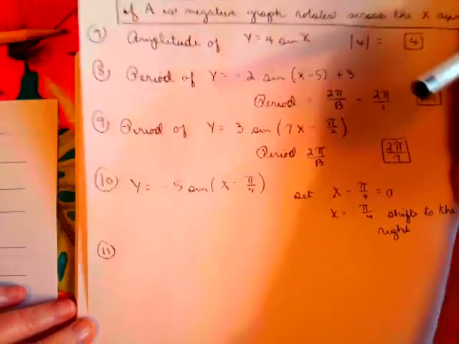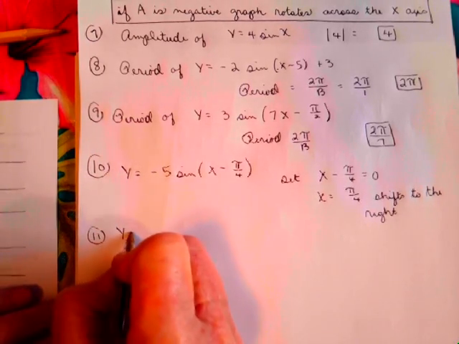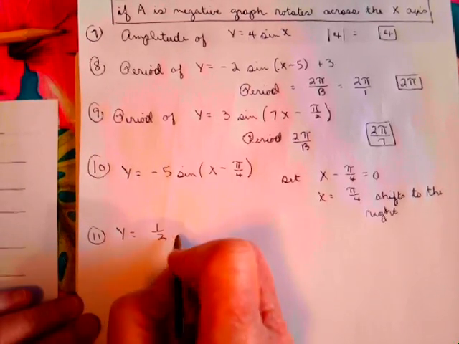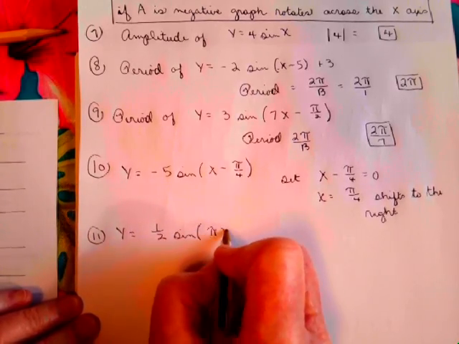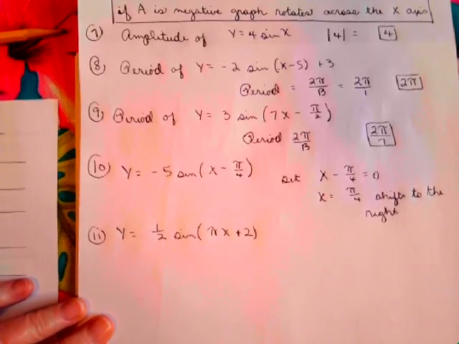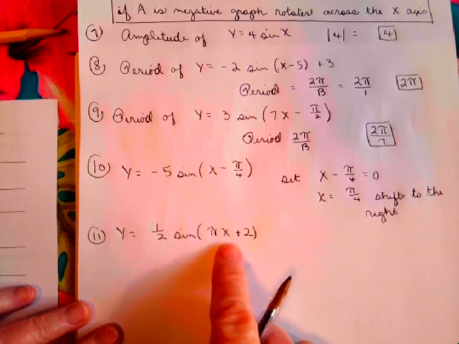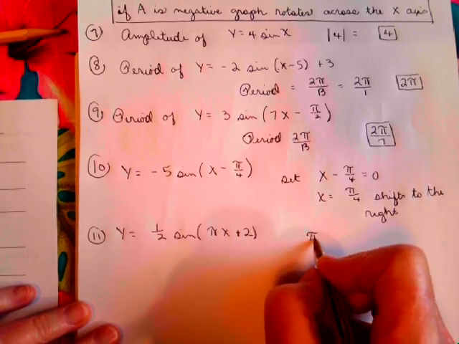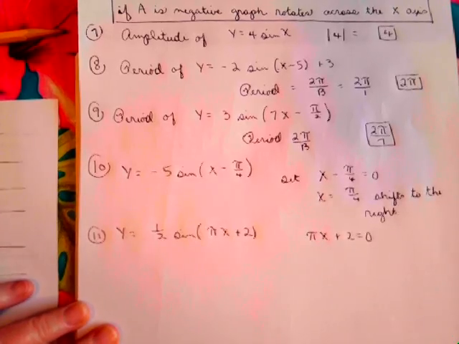Number 11. Determine the phase shift of y equals 1/2 sine of pi x plus 2. Phase shift is found by setting this expression equal to 0. Pi x plus 2 equals 0.